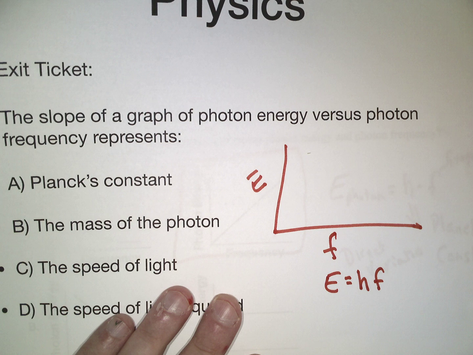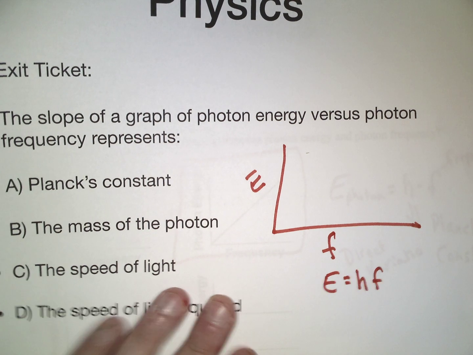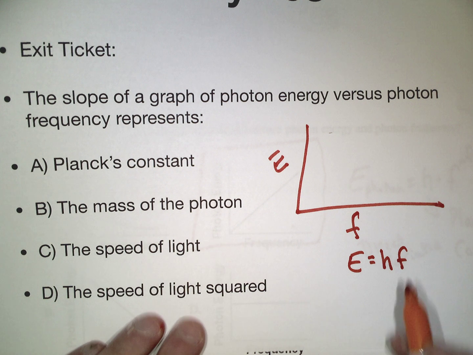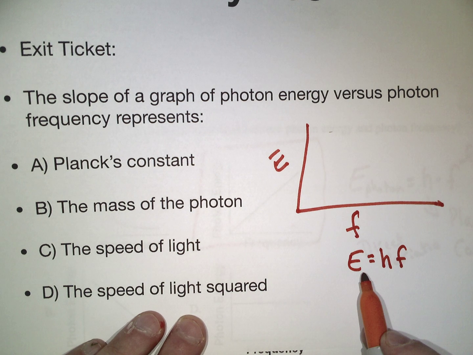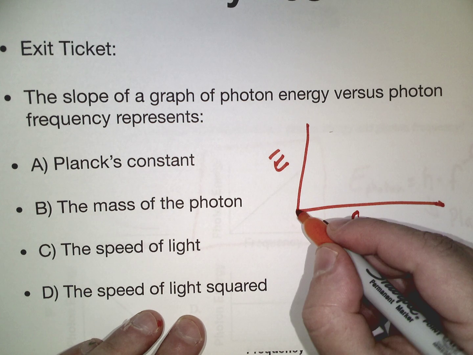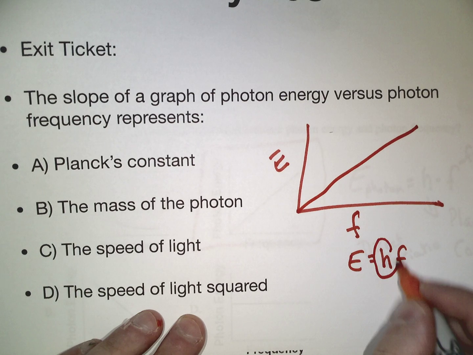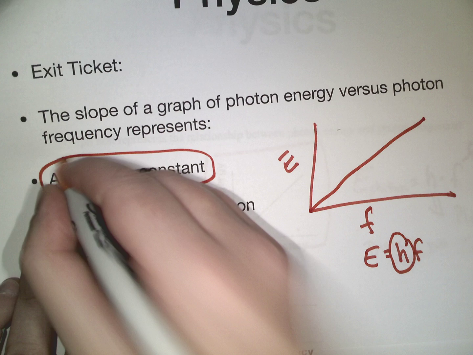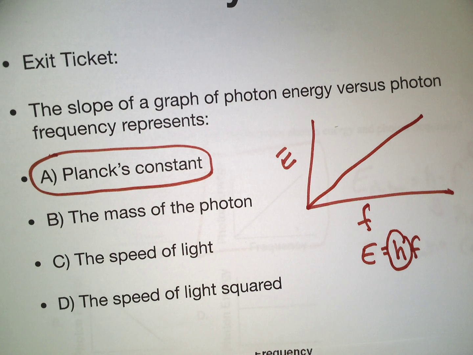These formulas keep coming up. I'm going to talk about this in a second when we're finished here. So E is my dependent variable. f is my independent. So what represents the slope here? h, or in this case, Planck's constant. That's all that is to remember.